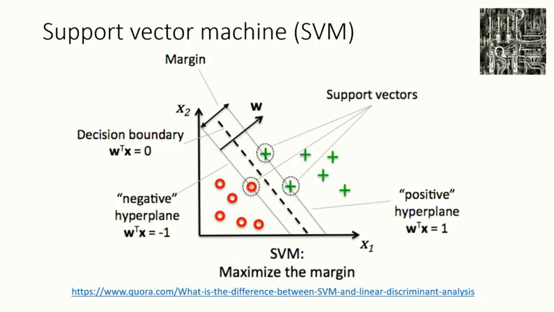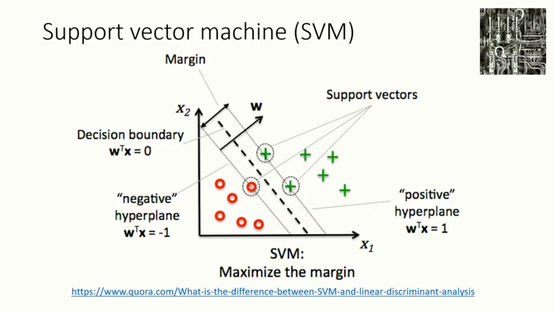So this algorithm was invented in the 1960s. At that time, the computer was not as powerful as today. The neural network idea had been proposed, but because of the lack of computing power, we didn't have workable neural networks to support those separations.